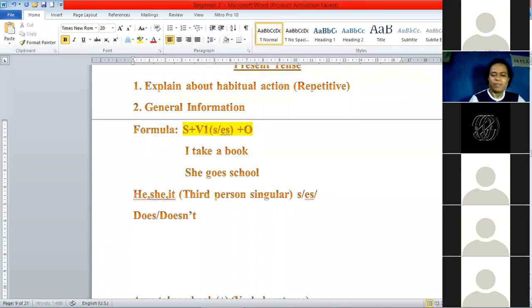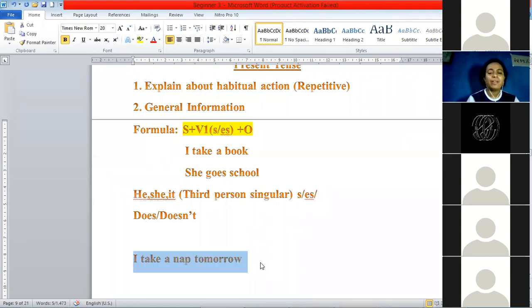Okay, now I have a next question. If I write it like this, do you think the sentence that I just wrote is correct or not? And why? Give me the reason as well.